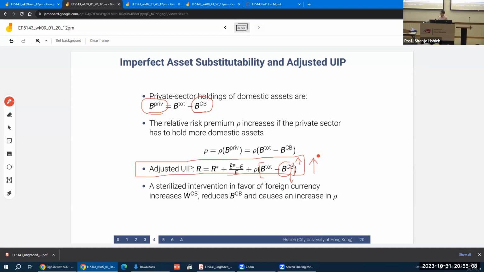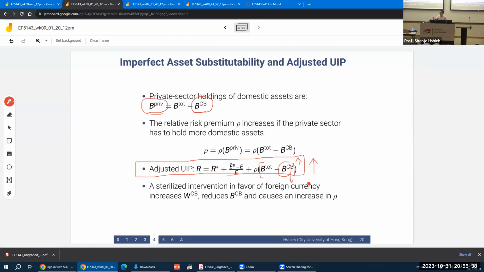Because if more people are holding more debt, then all else equal, we have perhaps more creditors than before, and that's going to undermine our creditworthiness, so investors may demand additional return on top of R to offset that risk. That's why it's called a risk premium: it's extra risk that requires extra returns to offset.